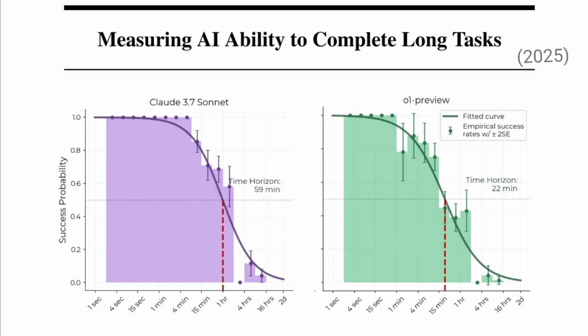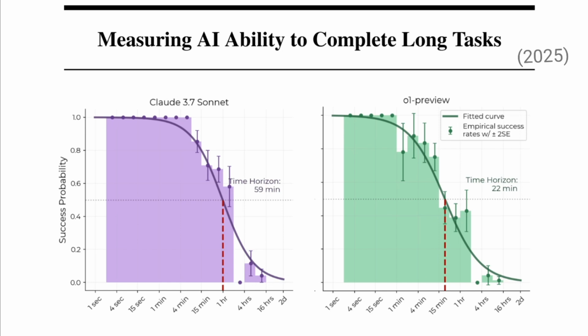Okay, so you get these curves of the probability of success as a function of task length. Brief note, this axis here is logarithmic, right? It goes 1 second, 4, 15 minutes, and it goes all the way up to 2 days. It's a logarithmic axis here that you're fitting to.